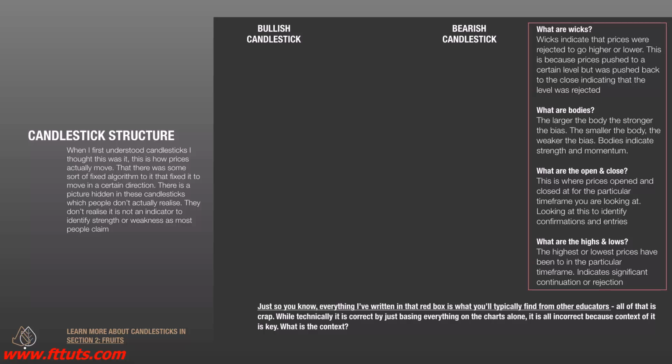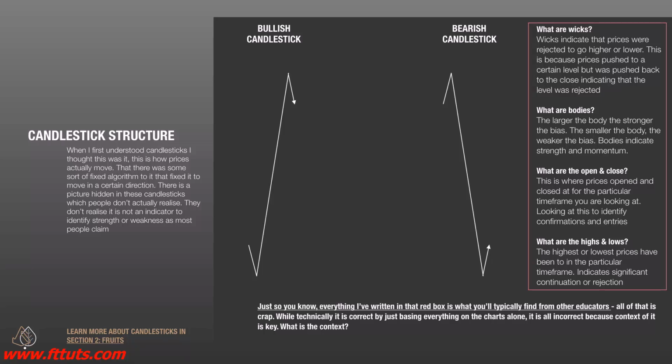But actually there is a hidden picture in these candlesticks which people don't realize. They don't realize it is not an indicator to identify strength or weakness, as most price action traders claim. Before we explain more about it, let's see how a candlestick is formed. Each candlestick has some sort of movement, and this is the most basic movement of a candlestick.